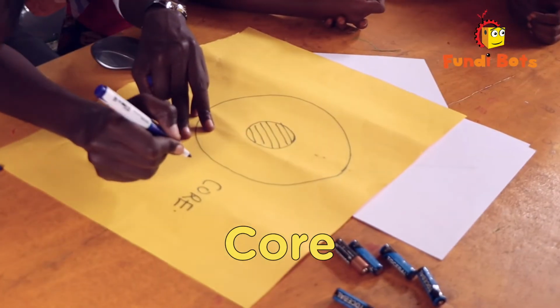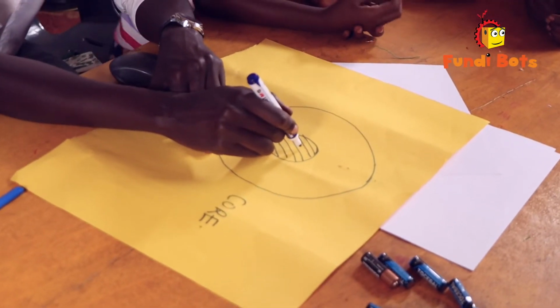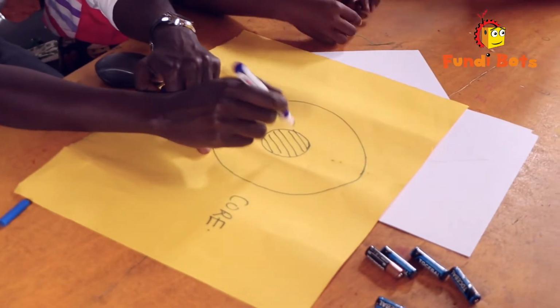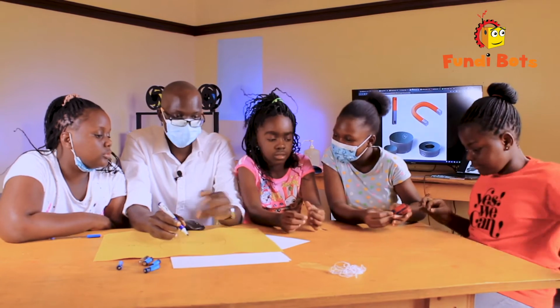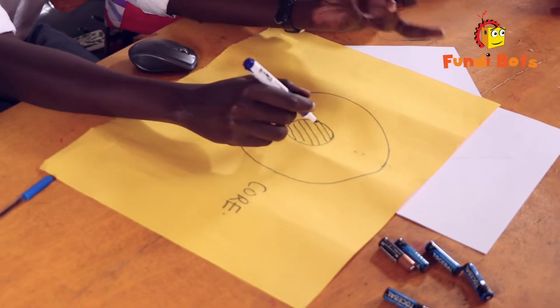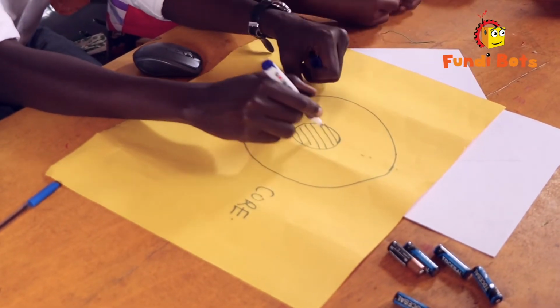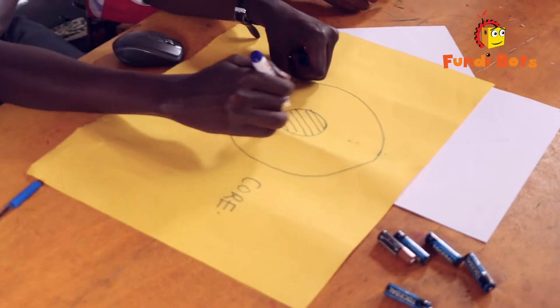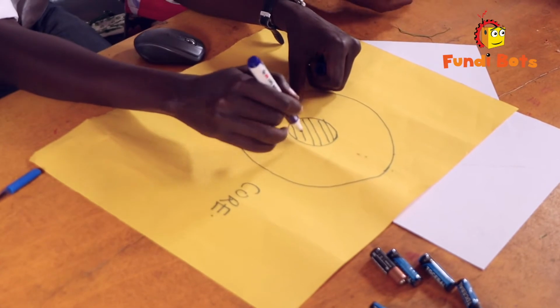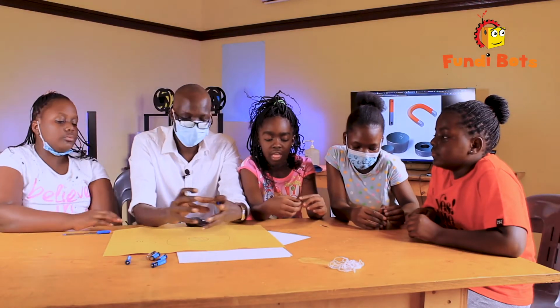The core of the Earth is actually molten metal, meaning that if you get iron and nickel and all these metals and melt them, that's what's at the core of the Earth. The movement of that core generates a magnetic field for the entire Earth.